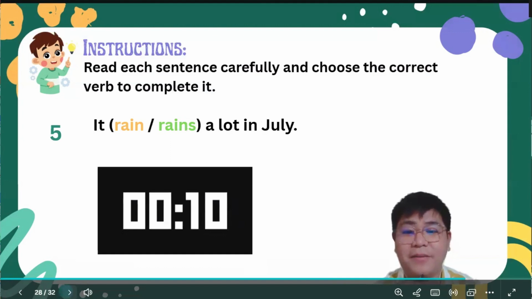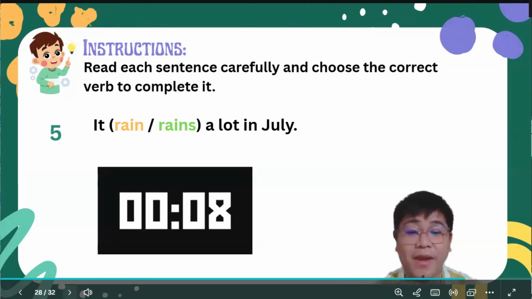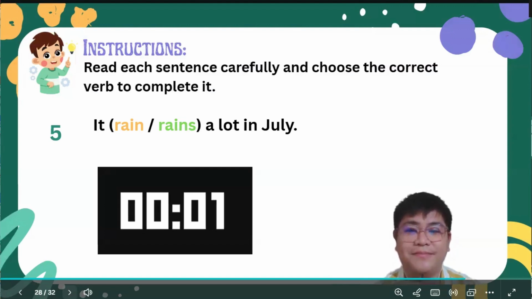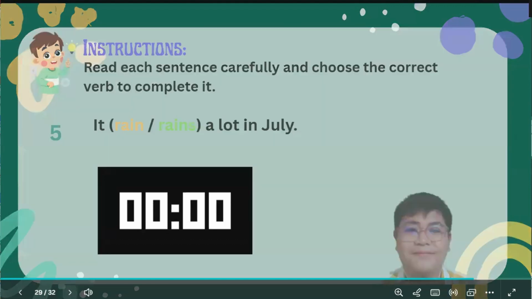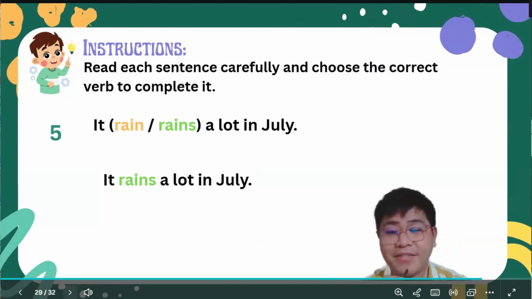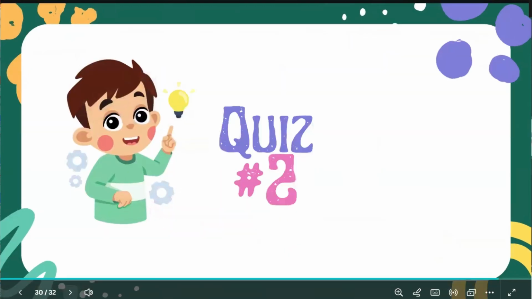Last one, number 5. It rains a lot in July. The correct answer is rains. It rains a lot in July.